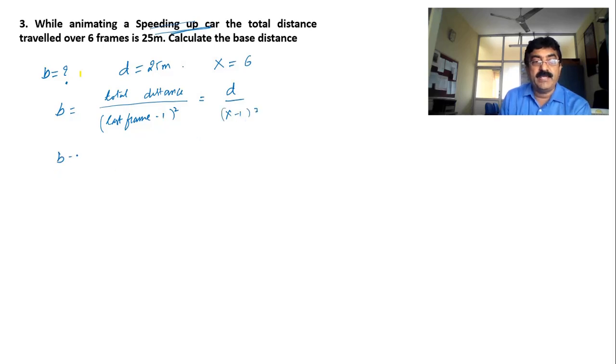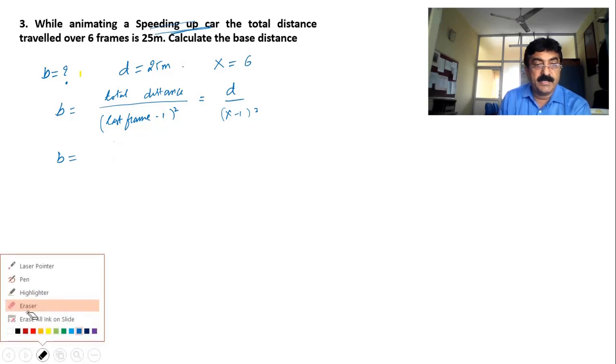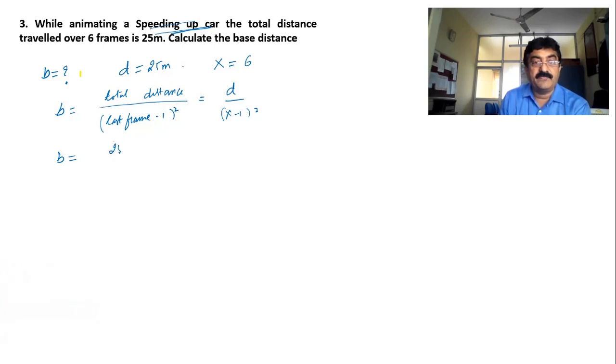So B is equal to 25 divided by (6 minus 1) whole square. It is 25 divided by 5 square, that is 25. So base distance is 1 meter.